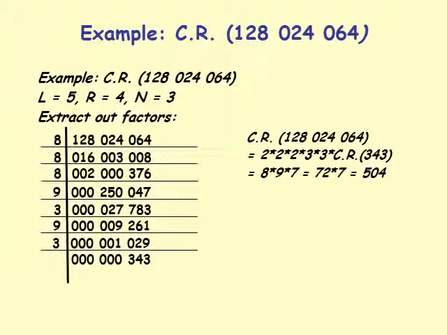So the cube root of 128 024 064 is 2 from here, 2 from here, 2 from here, 2 times 2 times 2, times 3 times 3, times the cube root of 343, which is 7. 2 times 2 times 2 is 8, and 3 times 3 is 9, and a 7 from here. 8 times 9 times 7, which is 72 times 7, which is 504, and this matches our observation here: leftmost digit is 5, rightmost 4, and in the middle I got a 0.